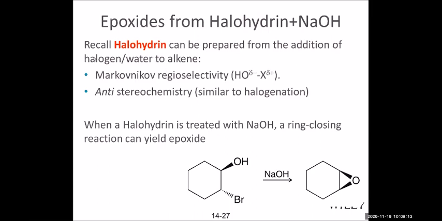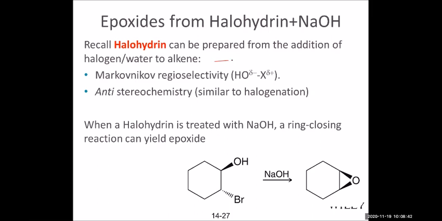And the halogen and water adding to the alkene reaction started with a positive charge, a cation on the carbon-carbon double bond, followed by nucleophilic attack by the solvent. So this is kind of how the halohydrin is formed from the alkene.